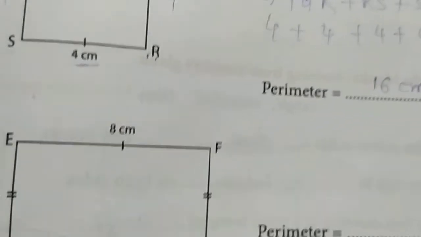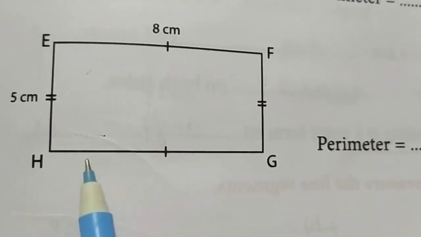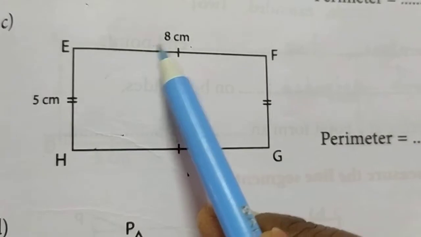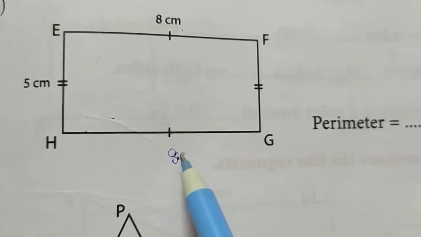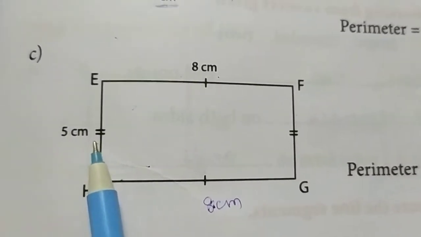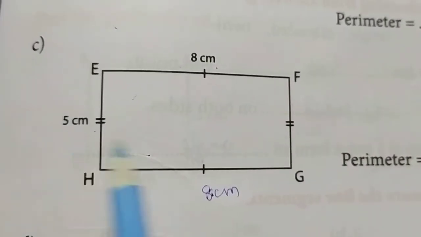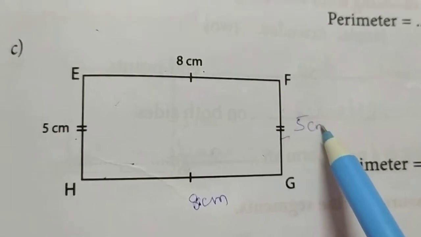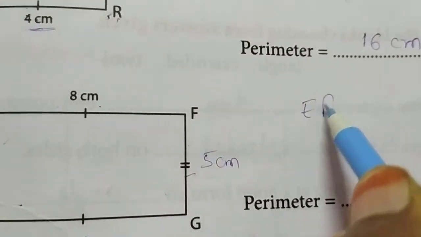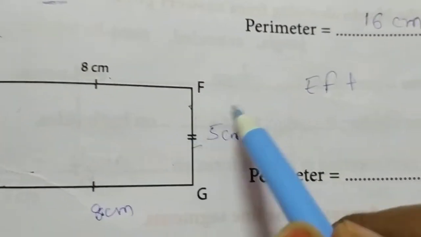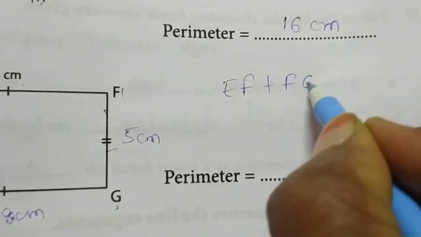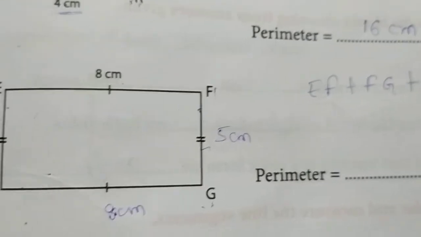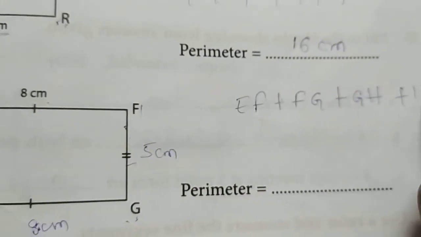Okay, Nana? Now this is a figure of a rectangle. In a rectangle, opposite sides will be the same. So this is 8 centimeters, which means this also will be 8 centimeters. And these opposite sides will be equal. If it is 5 centimeters, then this is also 5 centimeters. See, EF plus FG plus GH plus HE.